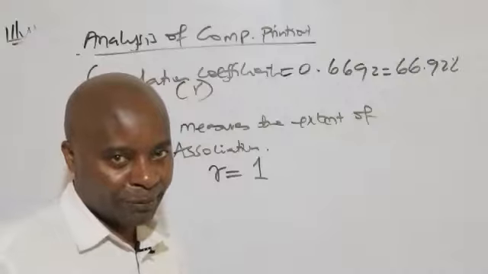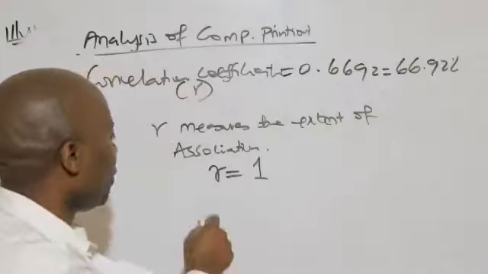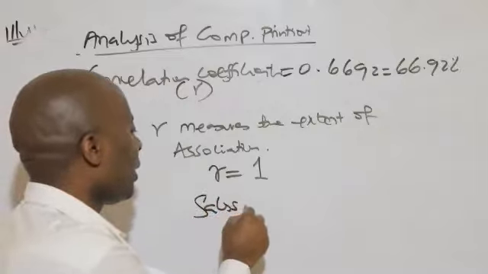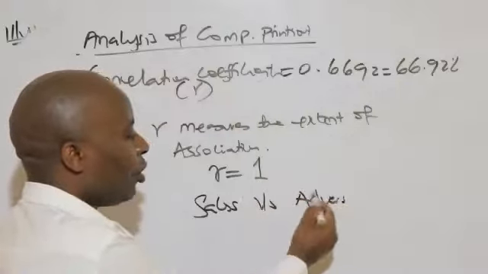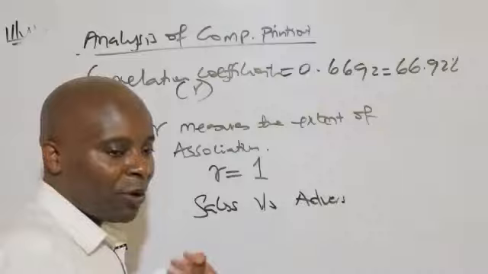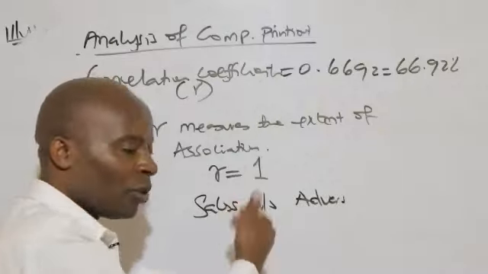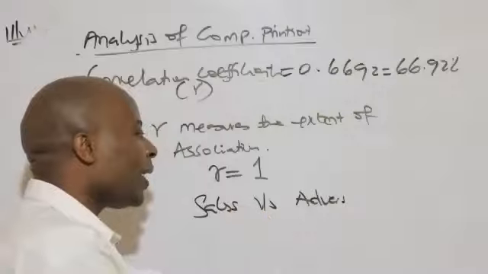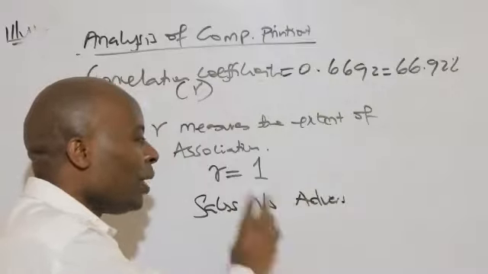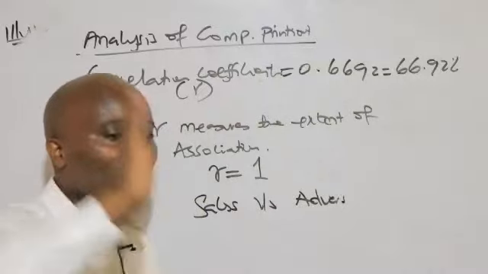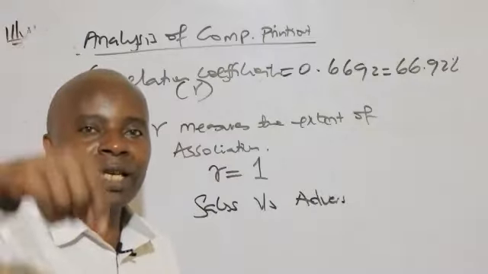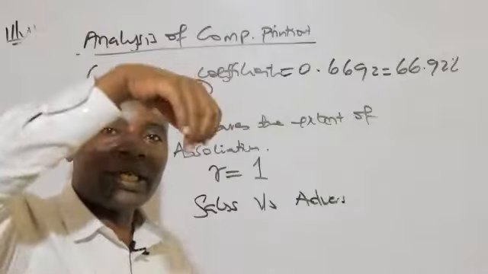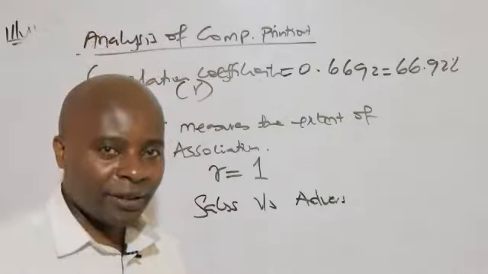So if I have sales versus, for example, advertising, of course the two are related. I expect the more I advertise, the more I should be able to sell. If I can get an association between the two being 100%, then I'll put all my resources in advertisement, because every coin that I put in advertisement, I'll always get results in form of sales.